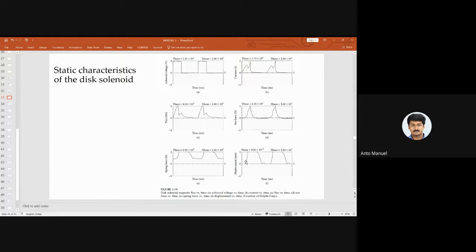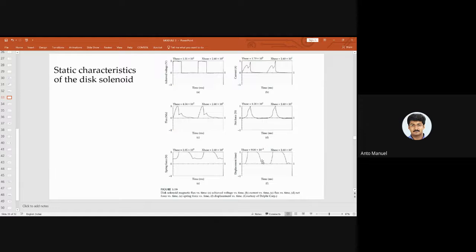And displacement: initially we have a displacement, maybe in the normal position, and it may move to the forward position or backward position. Anyway, it goes through some kind of displacement, and that displacement occurs according to the voltage that we are applying to the system.